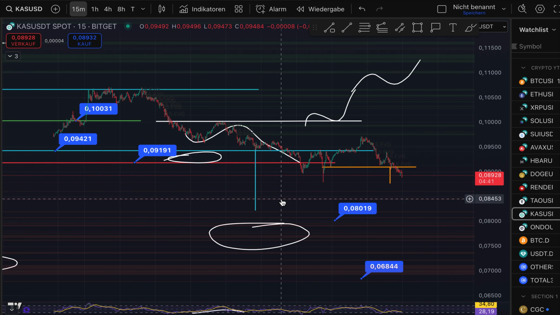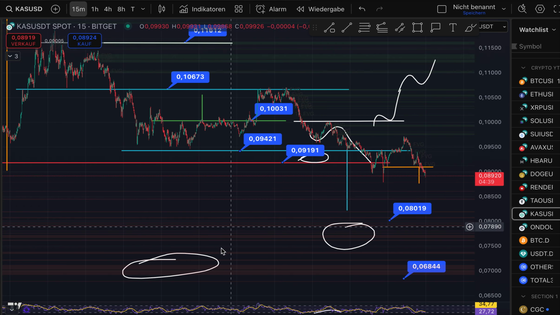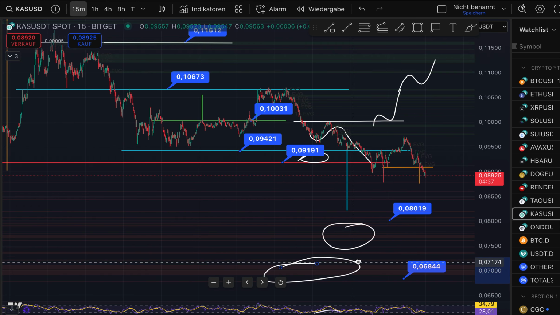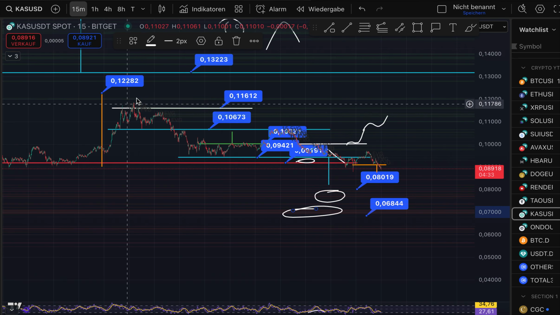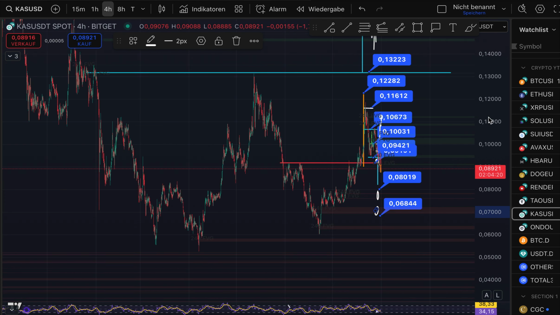before we see a nice push where we can say maybe we are going to get over the top here at roundabout 12 cents. We have to break the 13.2 cents to the upside to be completely bullish.